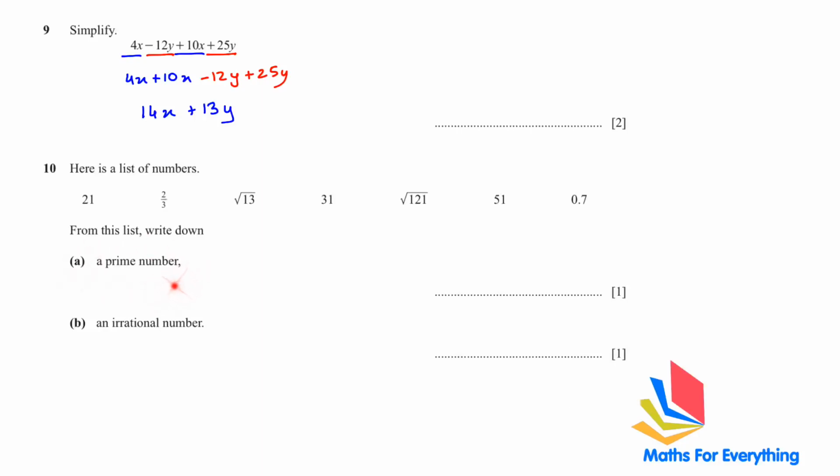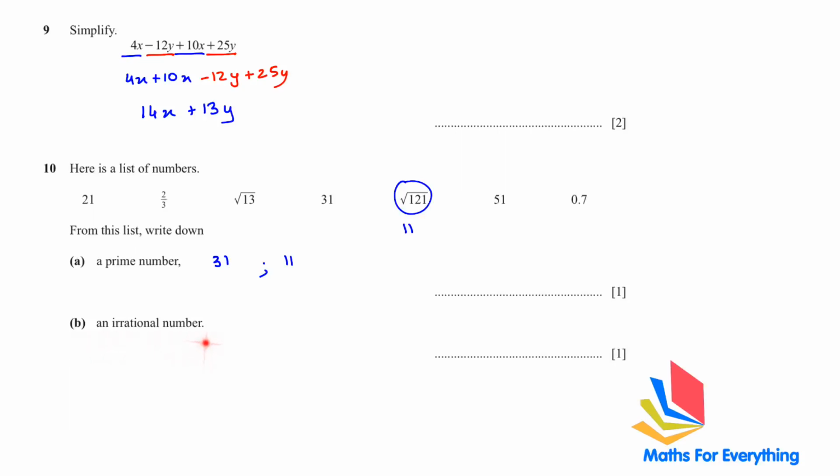A prime number is a number that is divisible only by itself and 1. It means it is not in any other times table except 1 and itself. 31 is a prime number. Even square root 121 is a prime number because square root 121 is 11. And 11 is not in any other times table except 11.